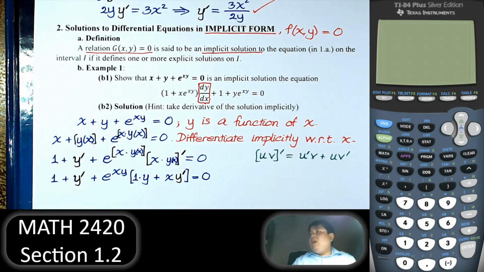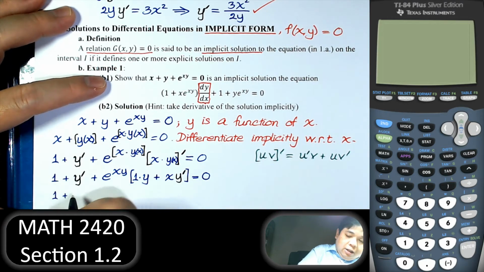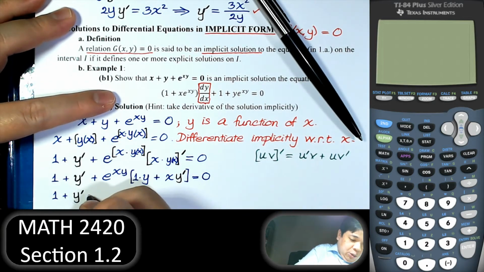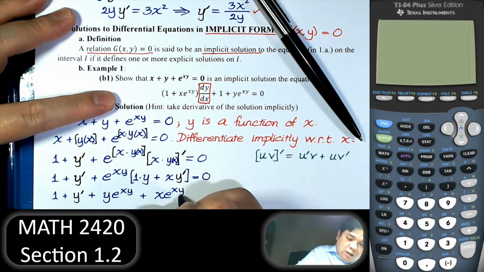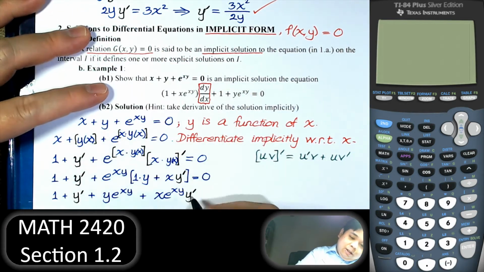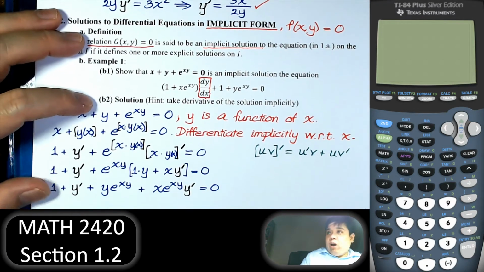Alright. Just multiply it out and simplify. So 1. Again, we write y prime differently, so we'll focus on that later. Multiply this out. We have y e to the xy plus x e to the xy times y prime. Both of them have y prime, so put them together and factor out the y prime.